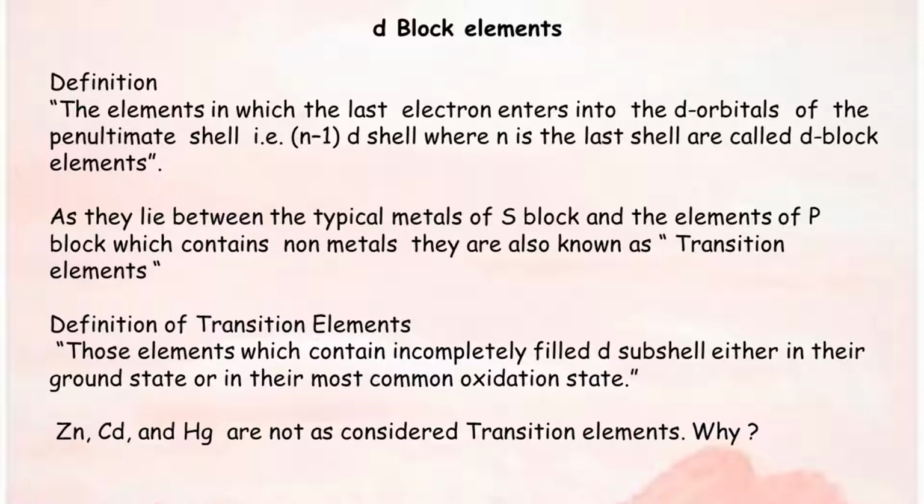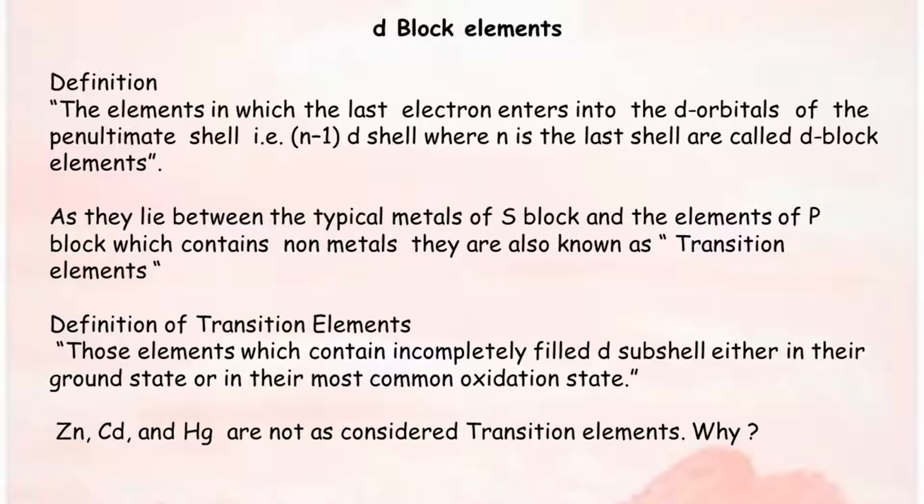Now let us look into the definition of D block elements. D block elements are those elements in which the last electron enters the D subshell. Now let us look into the definition of transition elements.